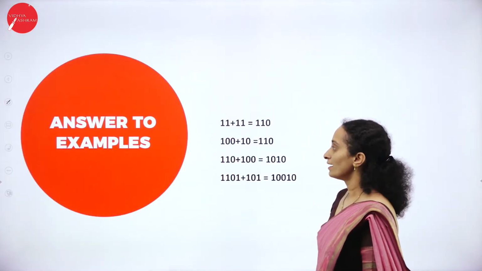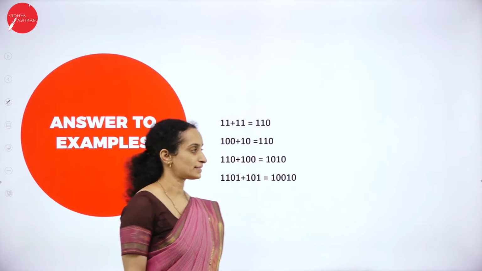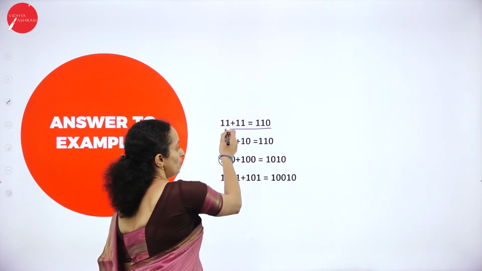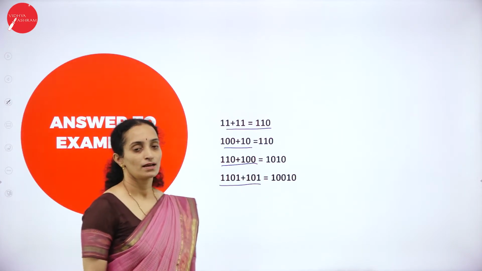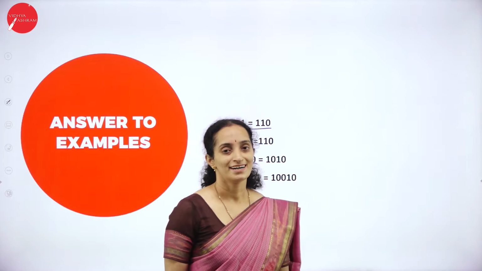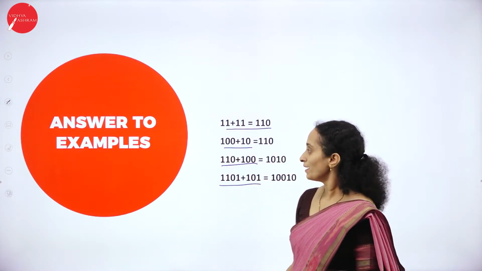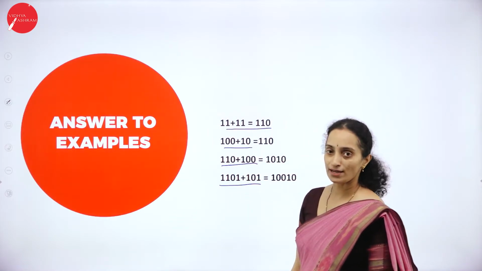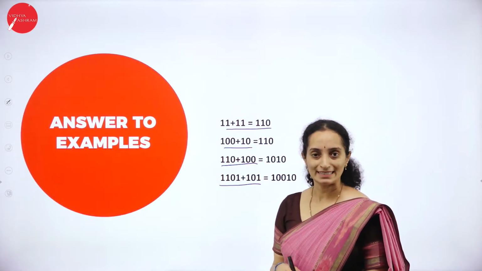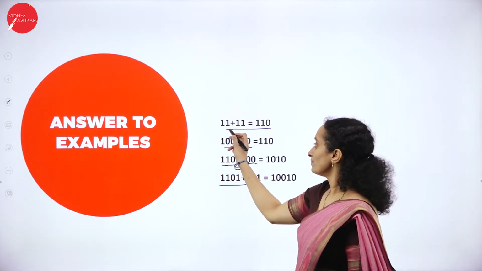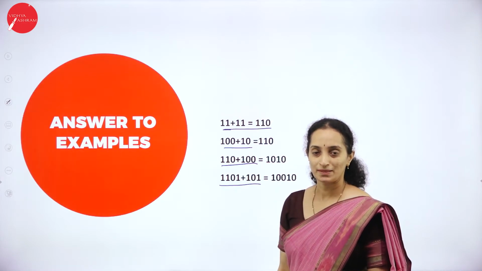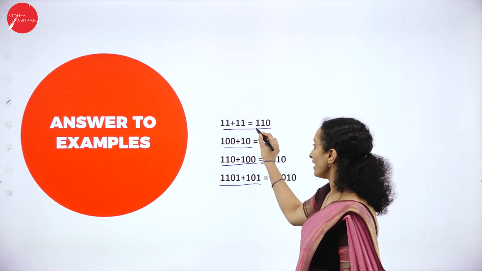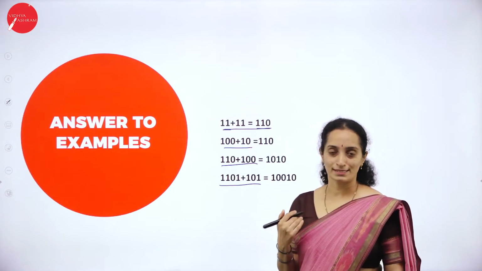Alright. Next we have answers for arithmetic operations carried out on different numbers. You can check the correctness of the answer by converting these values to decimal. Convert the operands in binary to decimal as well as the answer to decimal.